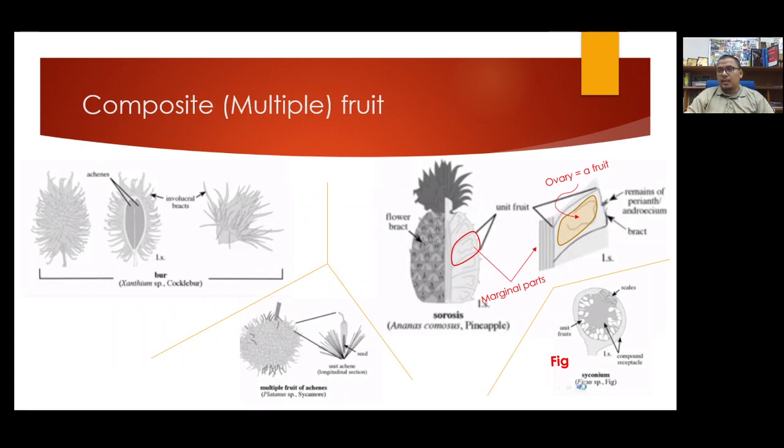Finally, the composite or multiple fruits are another kind of complex fruit. In this case, we really have an inflorescence, so it is a fruit made out of an inflorescence, which means there is more than one flower.